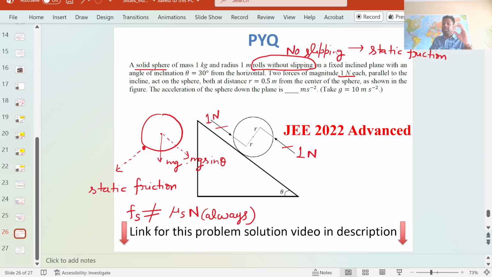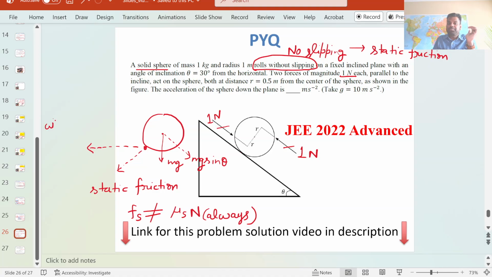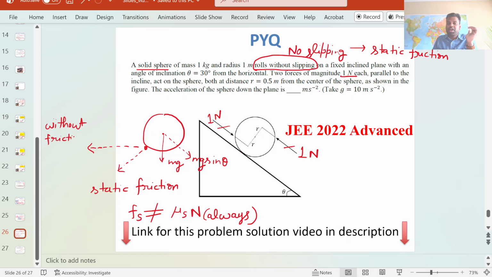So mg sine theta, a weight component, is pulling it down. Without friction, this point has the tendency to go down. This point wants to slip down. So the friction will be up and the friction will be Fs.